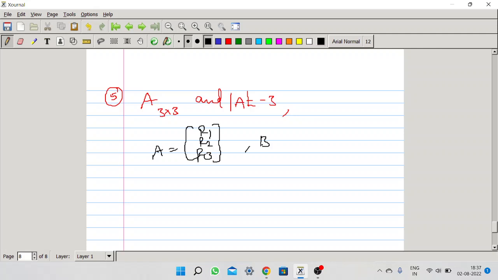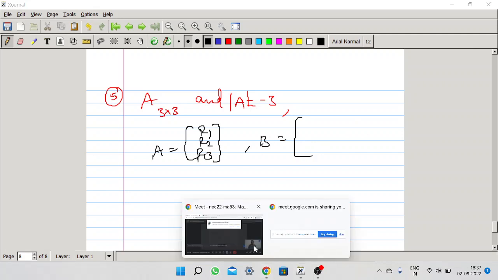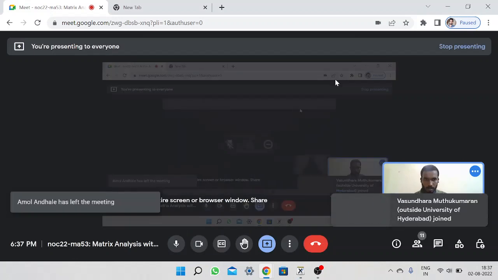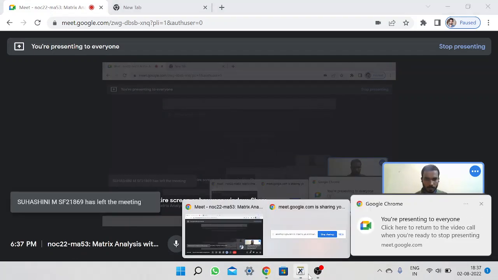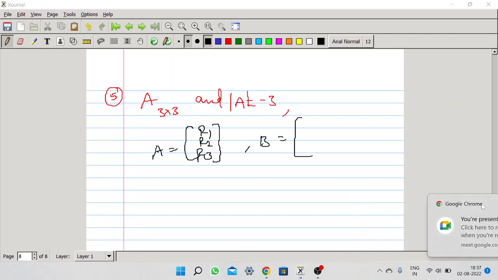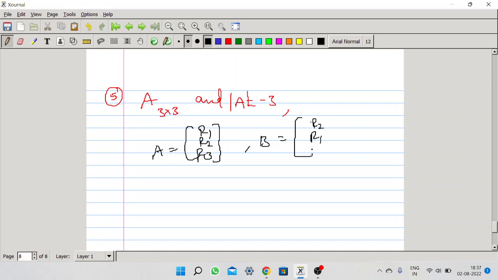Then the matrix B is given as obtained by swapping the first two rows of A. That means B is nothing but R2, R1, R3.